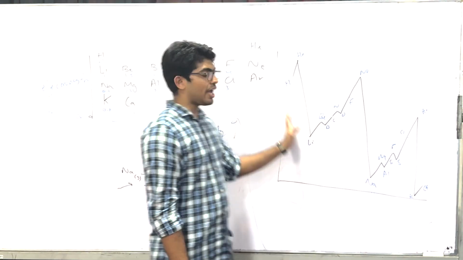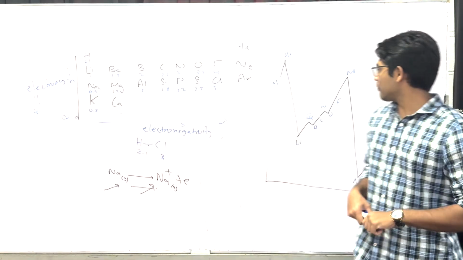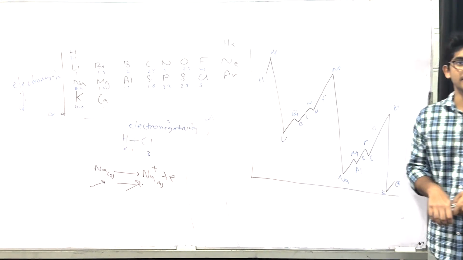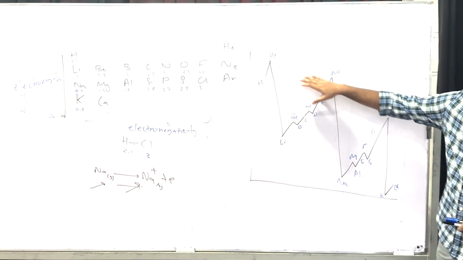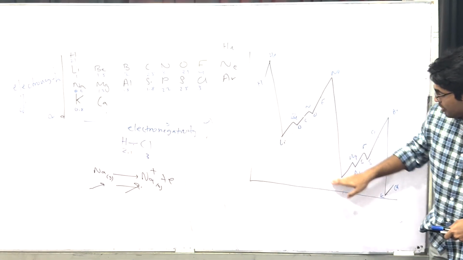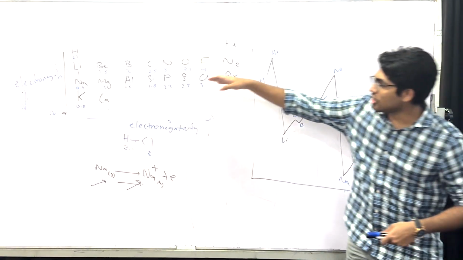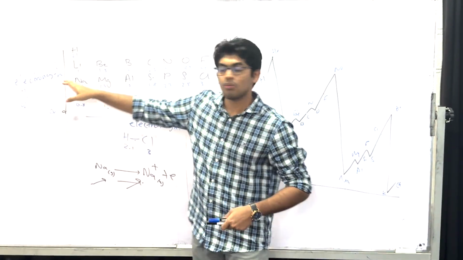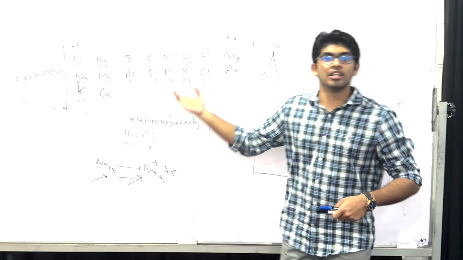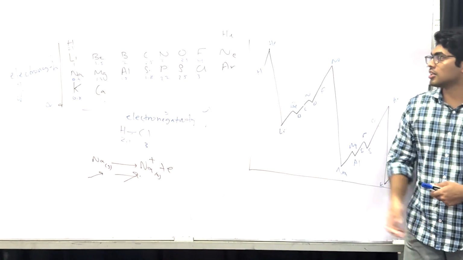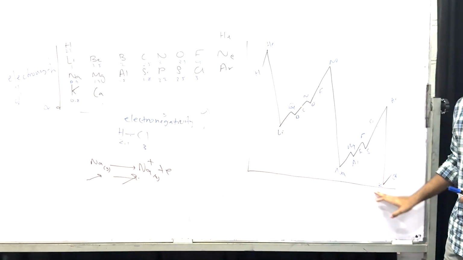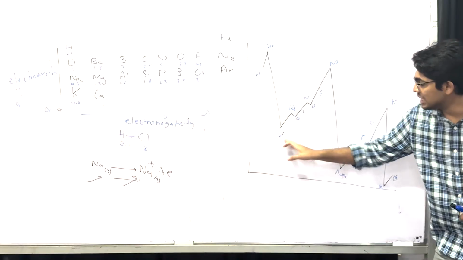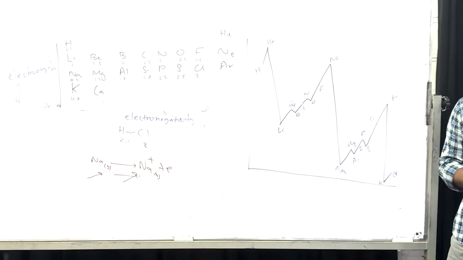Right, now by looking at the graph, what can we all say about this ionization energy? Can you see when going down the group, in each and every group, what happens? The ionization energy will decrease. There is a decrease in ionization energy of hydrogen, lithium, sodium and potassium.